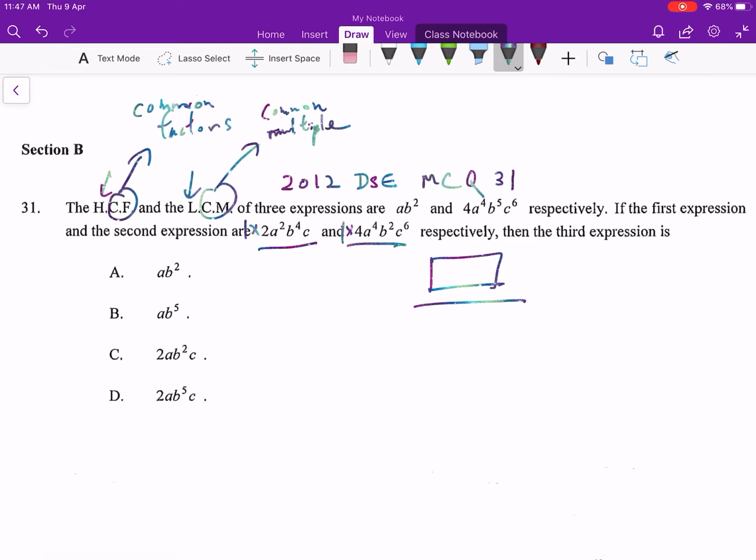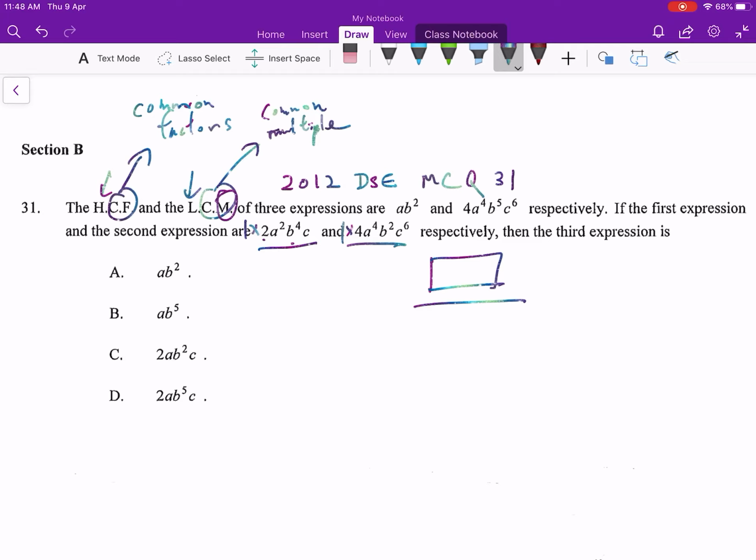So whenever you see a letter or a number there, you would also take it out. But when there are the same letters, I will just choose the highest index, because for multiples, I choose the highest index. And for the common factor, I will just choose the least index, because only the common factor I will take out.